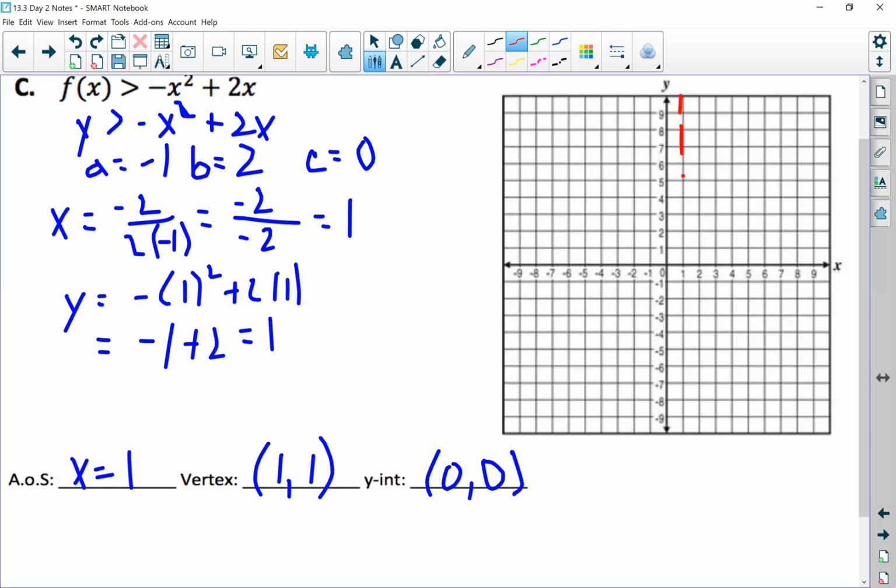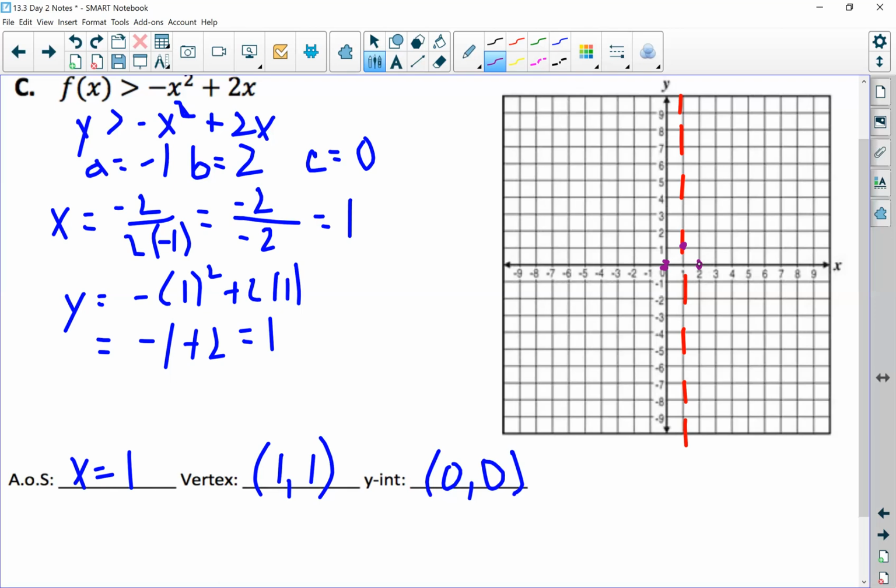All right, sketch some of this in here. Axis of symmetry. Vertex. Y-intercept. So from the vertex, A is -1, so I go over 1, down 1.